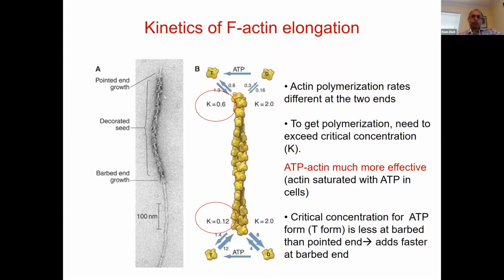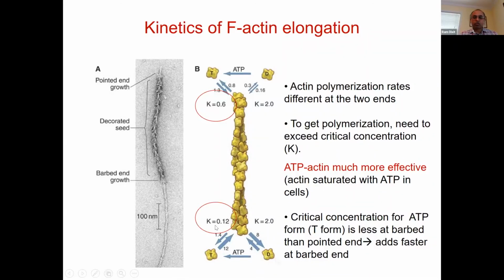The main ideas I want you guys to get is actin polymerization rates are very different between the pointed end and the barbed end. And this has to do with what's called the critical concentration, which is the threshold concentration of subunits that you need to drive assembly. And it turns out that the critical concentration for actin addition is much lower at the barbed end.